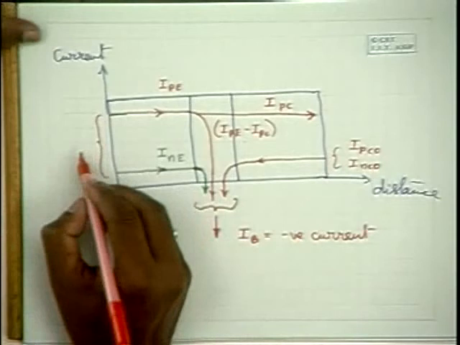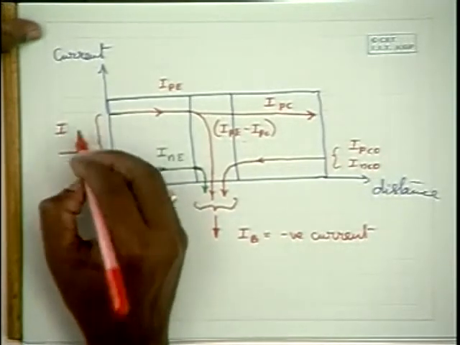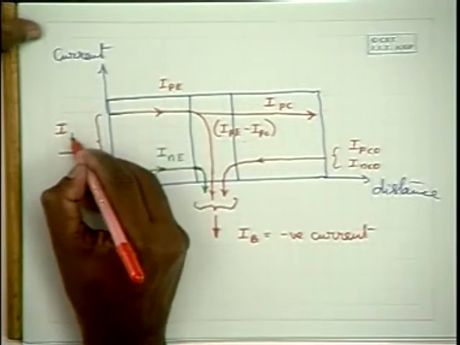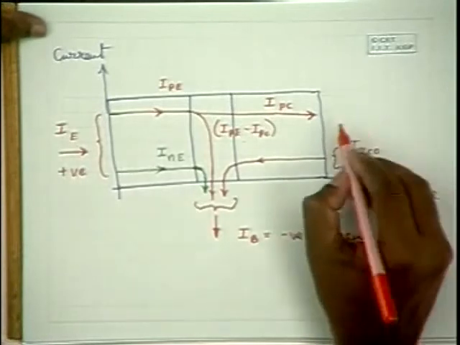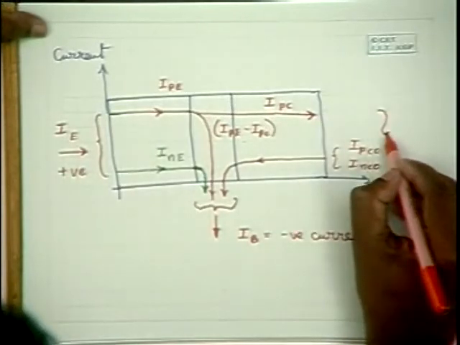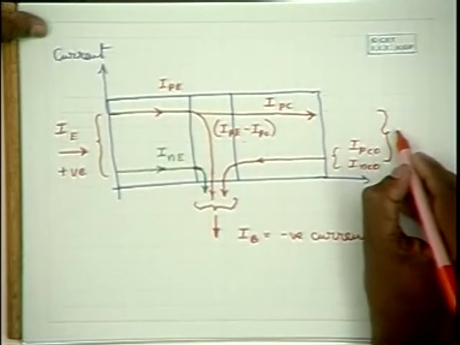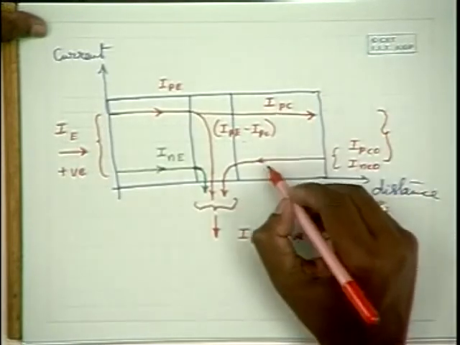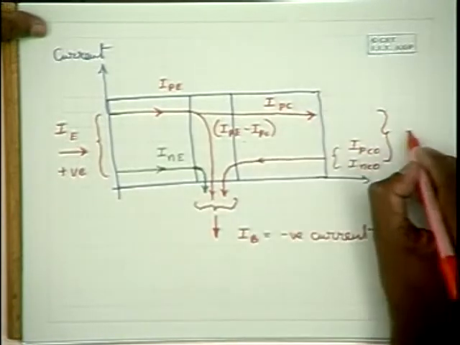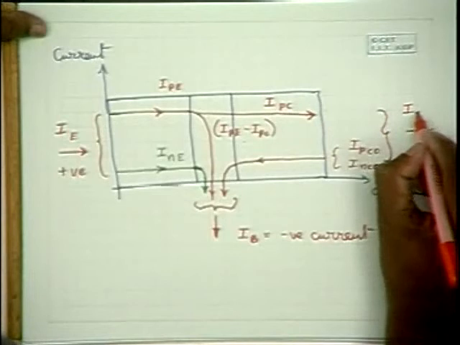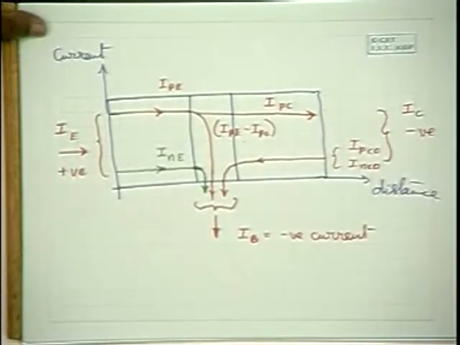These two put together make the emitter current, which is positive because it goes inside, and these two put together make the collector current, which is this minus this, I'm sorry, this minus this, and that is usually negative. So these are the current components in a transistor.